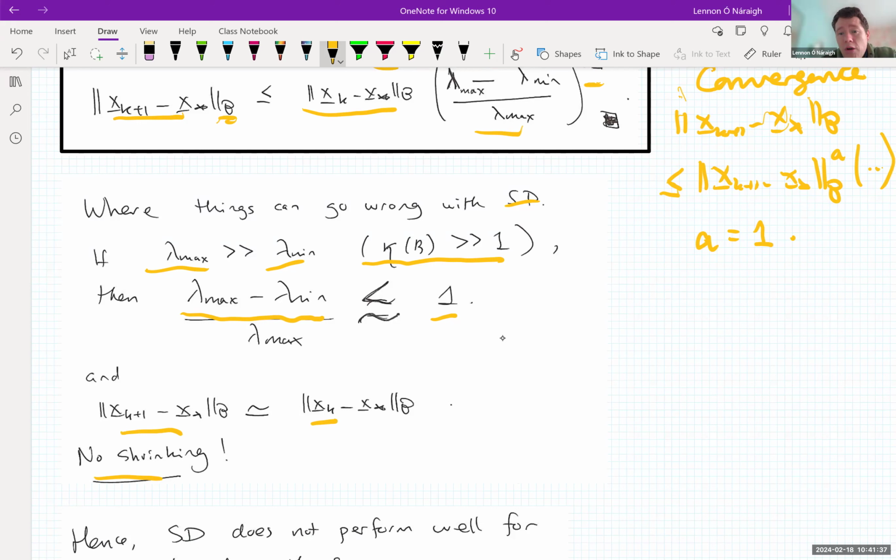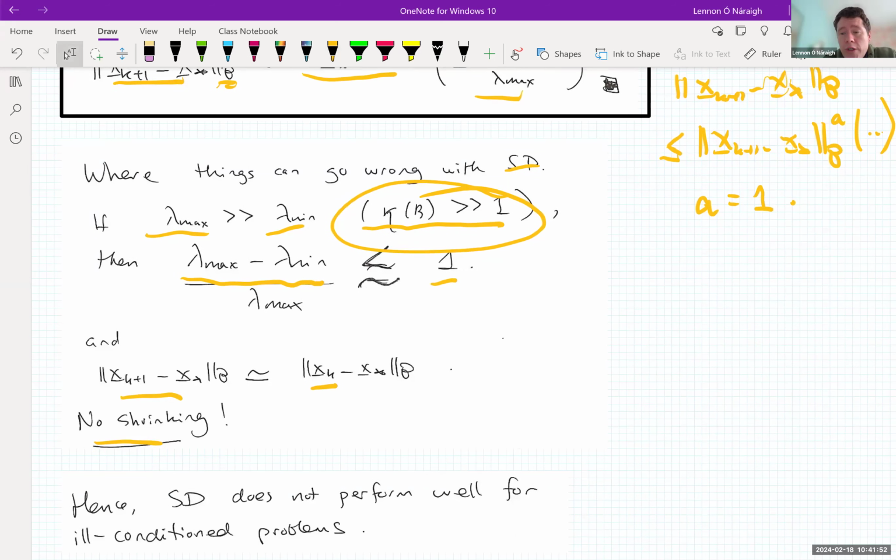You're getting very small shrinkage with each iteration, so you're going to have to do thousands or tens of thousands of iterations to get to a converged minimizer. And this happens when the condition number is large. So the steepest descent method is very poor when you're working with ill-conditioned matrices.